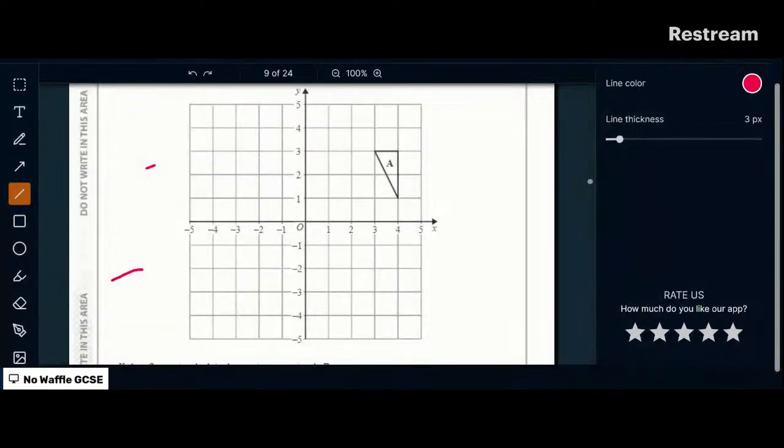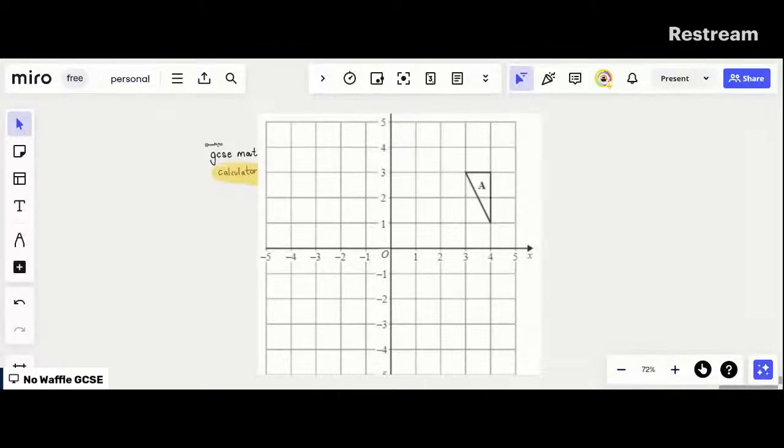Let me try copying and pasting this onto a whiteboard since it's being quite difficult. Okay, sorry about that, everybody.